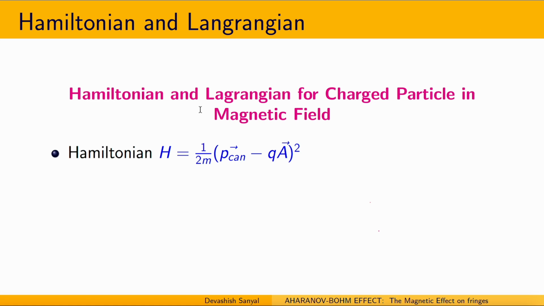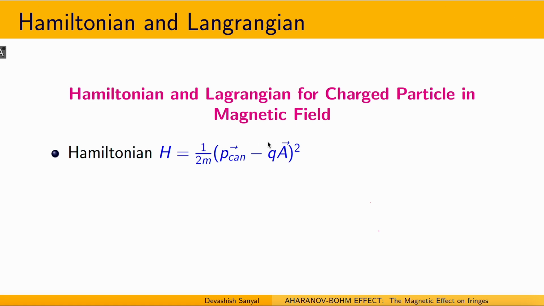For a charged particle in a magnetic field, the Hamiltonian is written as 1 by 2m times (p canonical minus qA) whole square. Q is the charge of the particle, A is the magnetic vector potential in which the particle is moving. This p is the canonical momentum. This canonical momentum is not equal to the regular momentum that we come across in Newtonian mechanics. This is particularly interesting for a charged particle in a magnetic field.